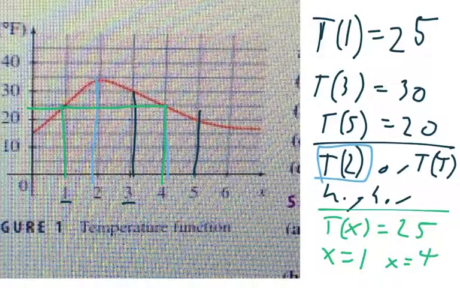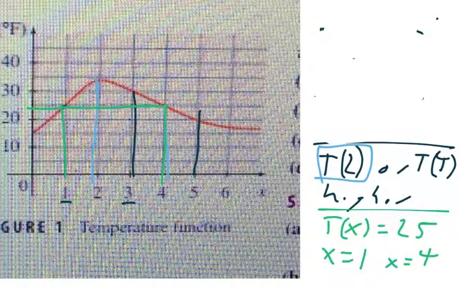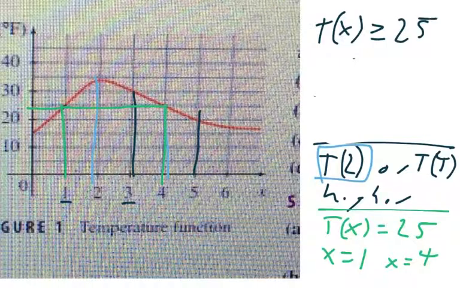Okay, last question based on this graph. Erase this part up here. When is t of x greater than or equal to 25? Well, over here, we are less than 25. Up here, we are greater than 25.